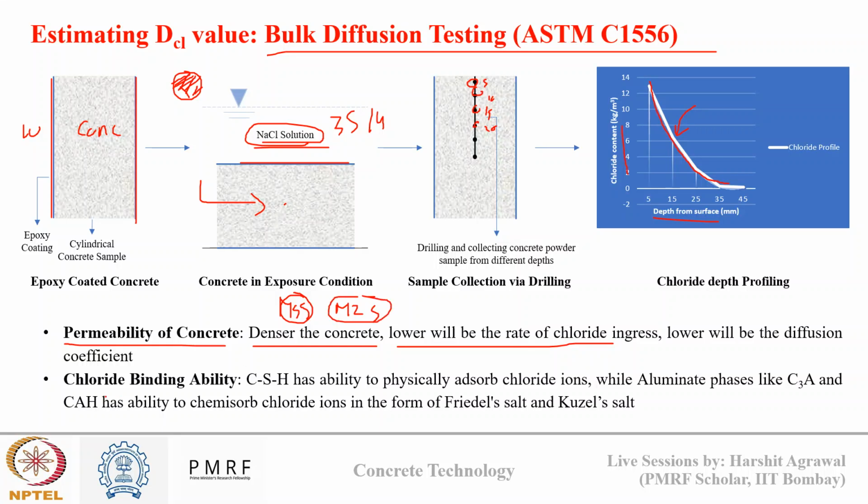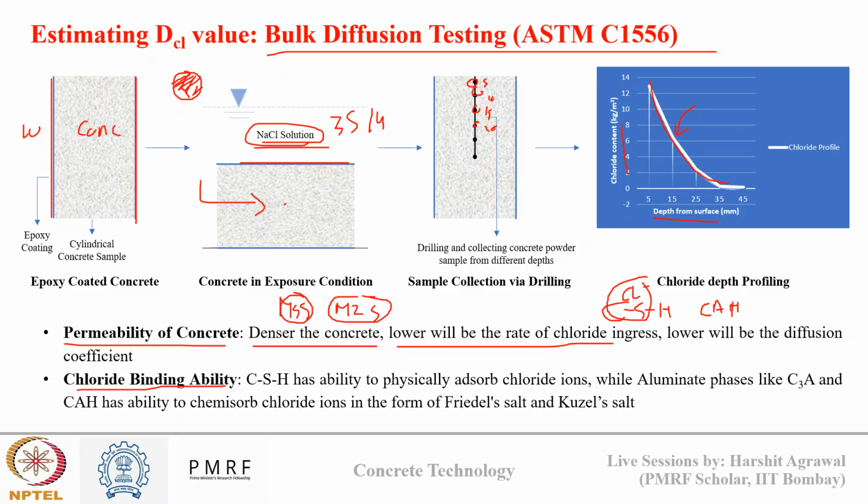It also depends upon the chloride binding ability. CSH and calcium aluminate hydrate phases all have the ability to absorb chloride ions. So as chloride ions move through concrete, these phases can bind them. That is known as chloride binding.